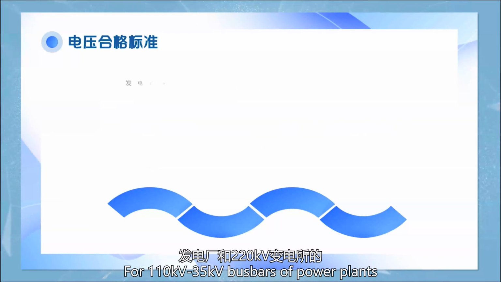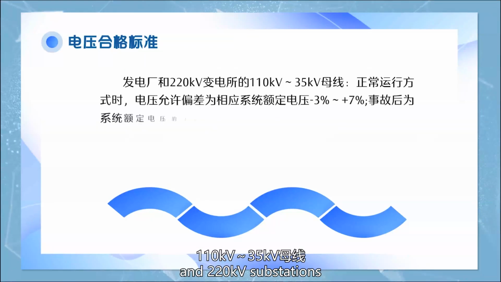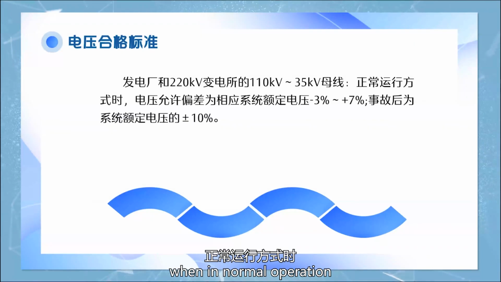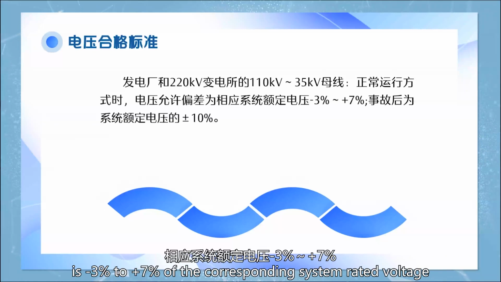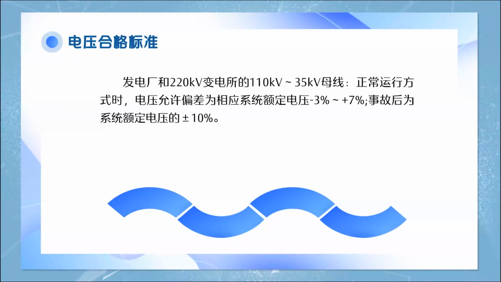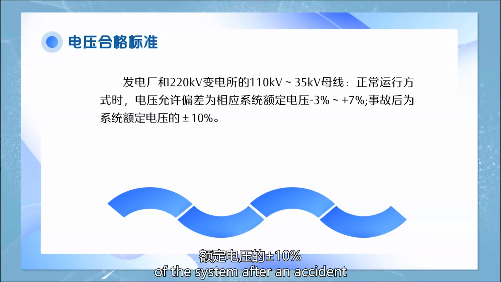For 110 kV to 35 kV bus bars of power plants and 220 kV substations, when in normal operation, the permissible deviation of voltage is minus 3% to plus 7% of the corresponding system rated voltage, and plus or minus 10% of the rated voltage of the system after an accident.